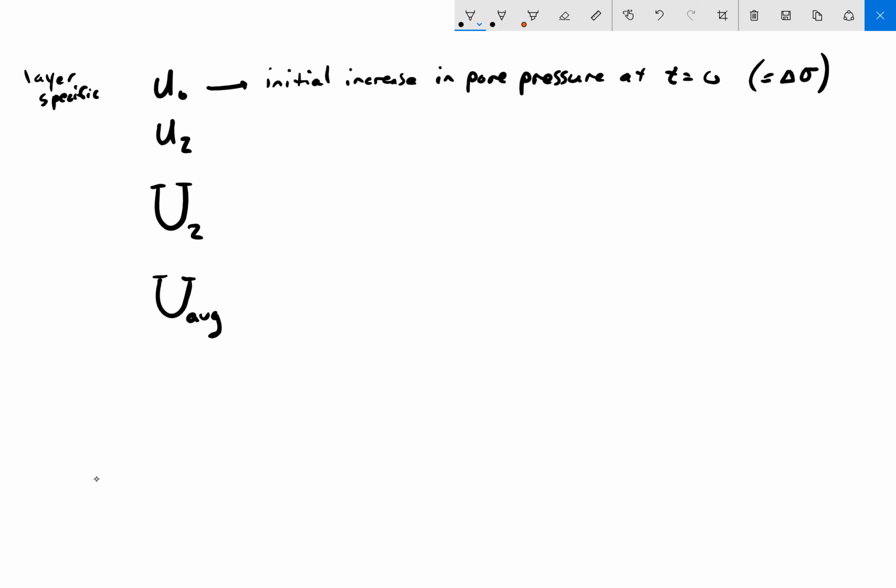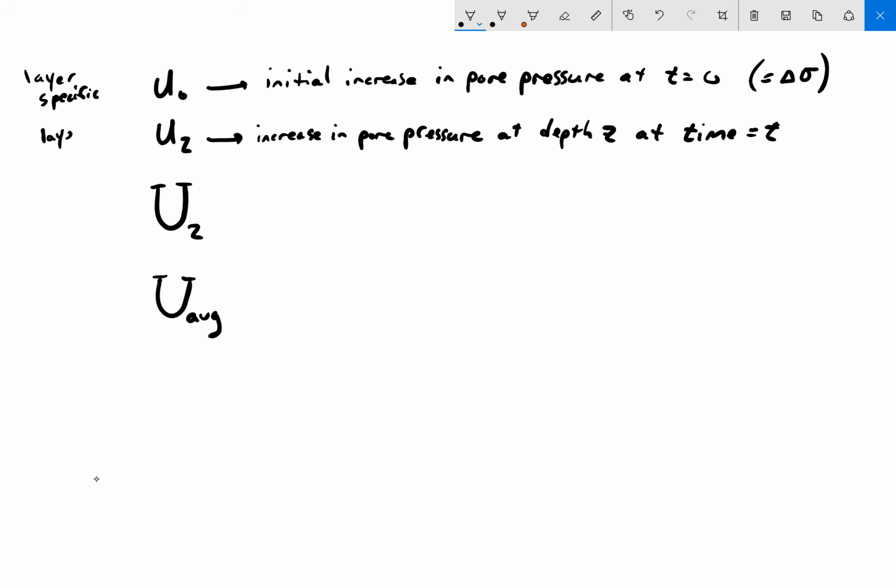Okay? U sub Z, this is going to be the increase in pore pressure at depth Z at some time t in the consolidation process.